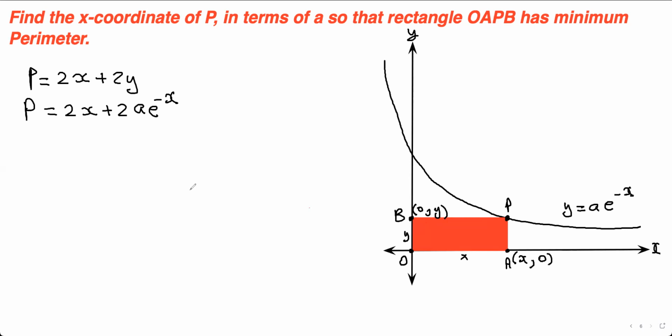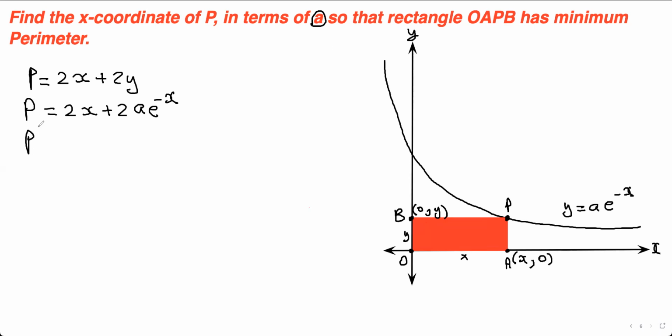So if we want to find the a value right here that makes this rectangle have a minimum perimeter, then we have to take the derivative of p.